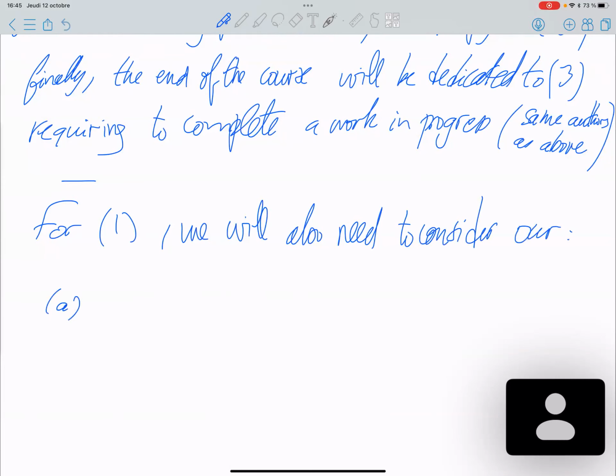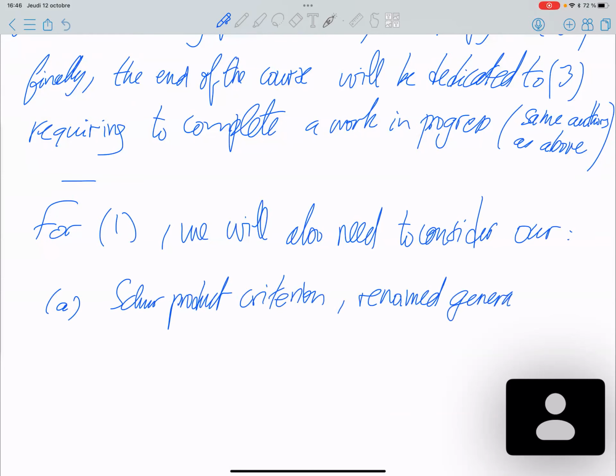So first, the Schur product criterion, which was later renamed in another paper as n-primary criterion, and generalized. In fact, the Schur product criterion corresponds to n equals 3.